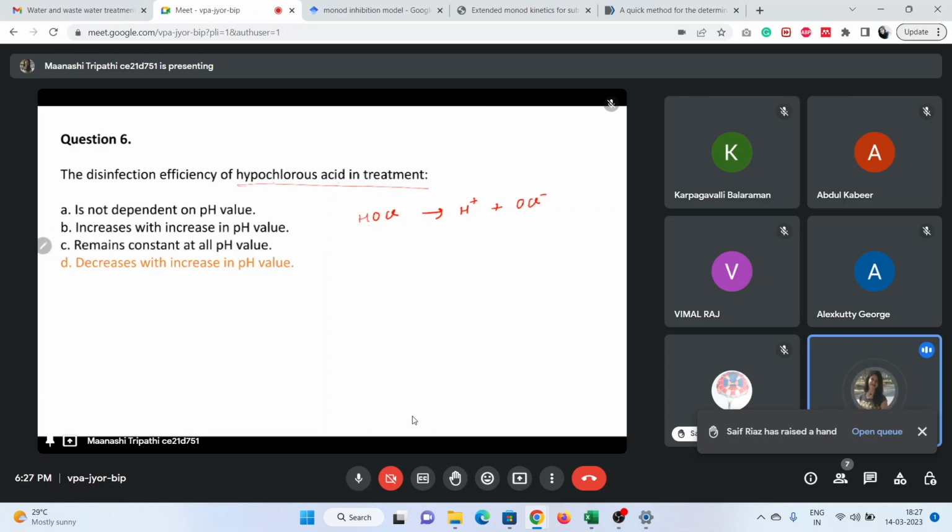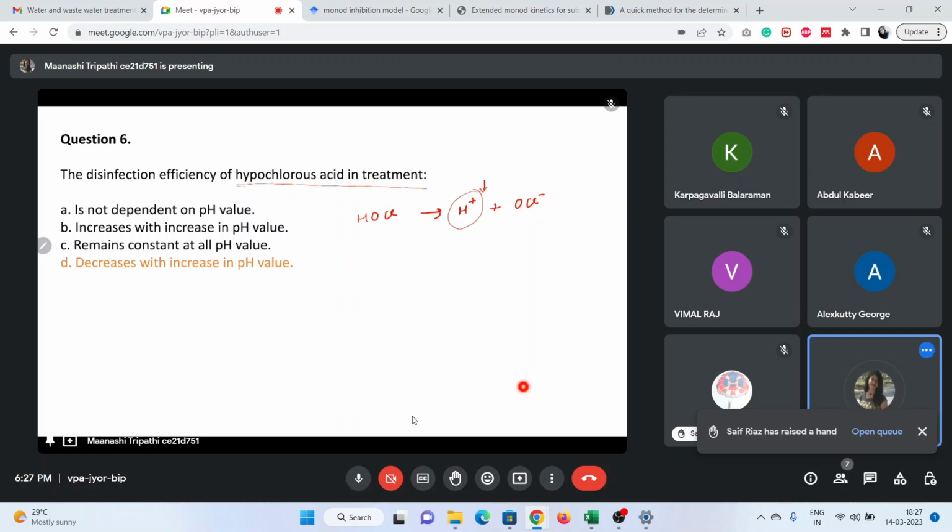So it will only dissociate in this direction. If we are increasing the pH value, it means we are decreasing the H plus content.